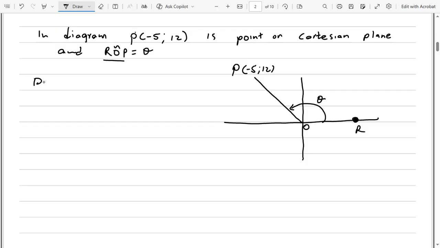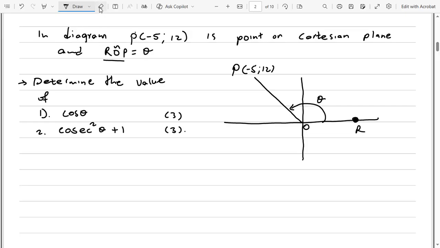From this diagram, they want you to determine the value of number 1, the cos of theta. Number 2, the cosec squared theta plus 1. You understand? Both of these questions are 3 marks, ne?